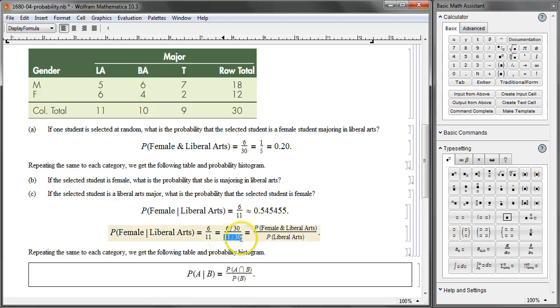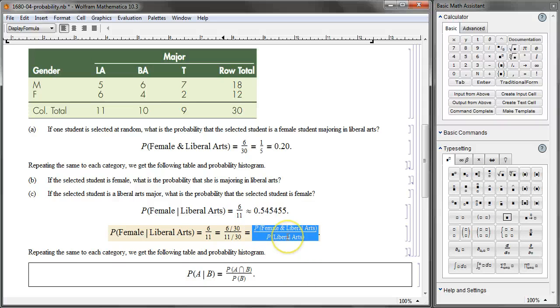Denominator is 11/30th because there are a total of 11 liberal arts majors. The new sample space gives you actually the probability of that new sample space. And then the numerator, as you saw before, is the probability of the intersection.